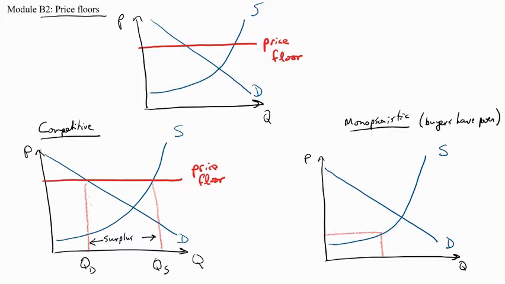So we can label that the price set by the monopsonistic buyers and the resulting quantity that is offered for sale by the sellers. Now we can add the price floor to indicate the choice for a higher price in this market.